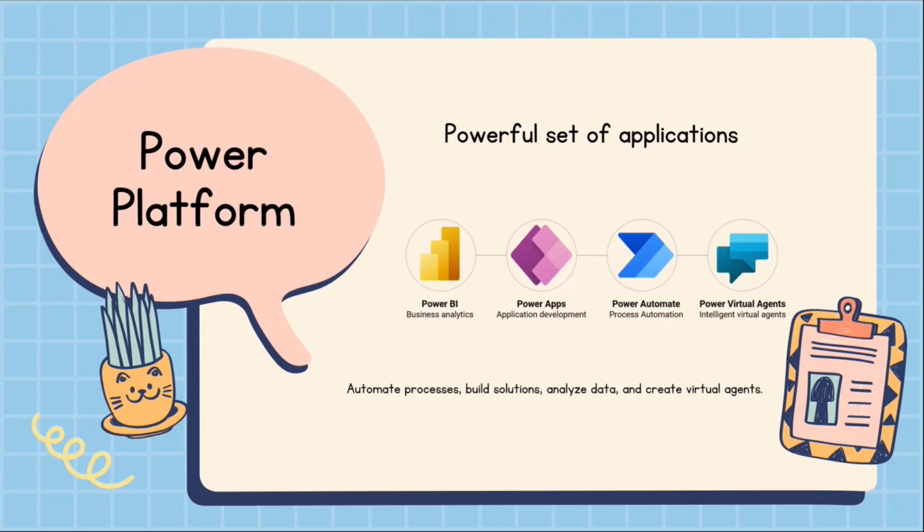Then we have Power Automate, which is the tool we are going to see today, and it allows you to automate processes. And last but not least, we have Power Virtual Agents, which, as its name mentions, are intelligent virtual agents.